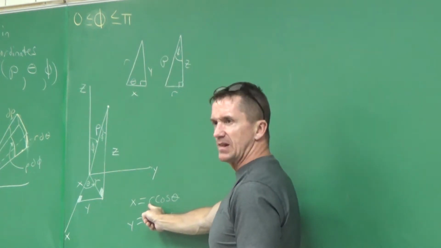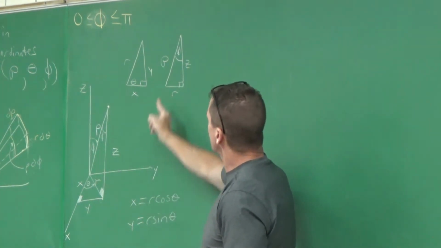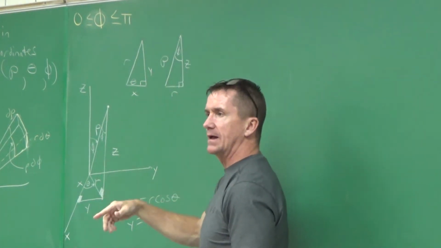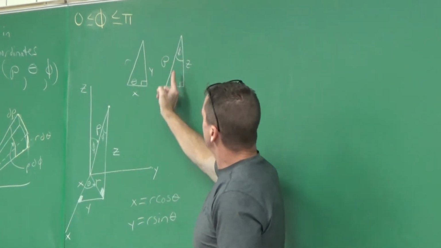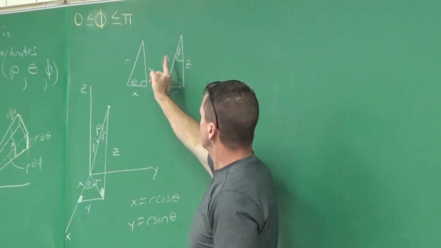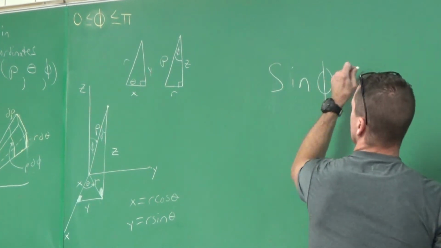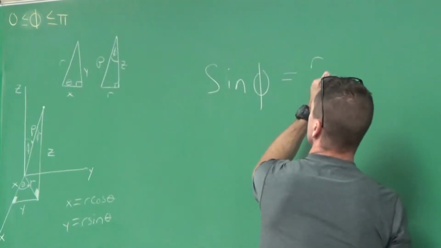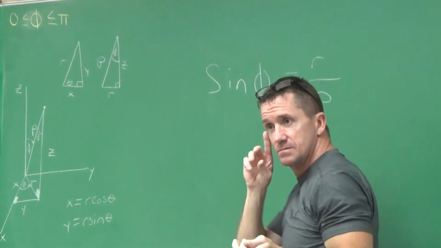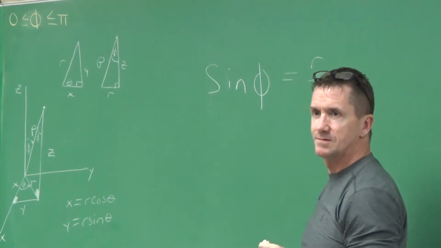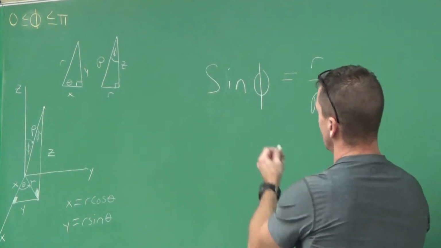So I can substitute something for that r. It looks like, with SOHCAHTOA, r is opposite phi, and you have this rho. What's sine of phi in that right triangle? Opposite over hypotenuse. Yep. So what is r equal to? I'll leave it on the board, all class. Rho sine phi.